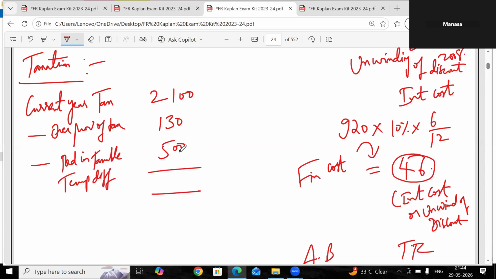What is the amount here? 2100 minus 630, 1470. Yes, 1470.